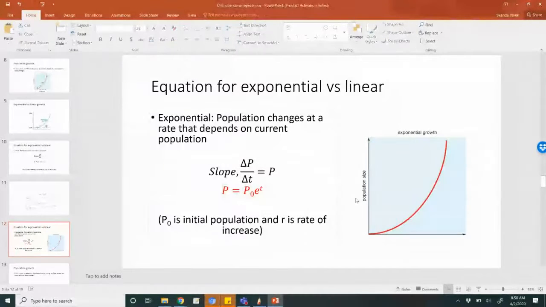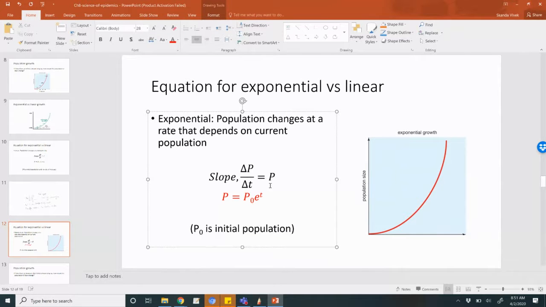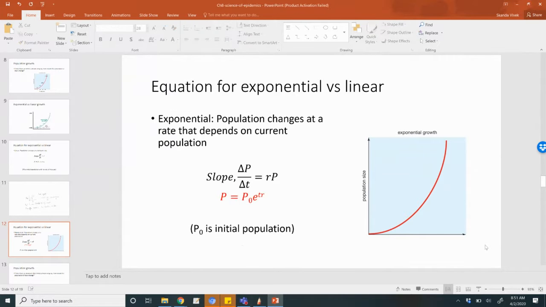I was just going to come to that. So if you have delta P over delta T as P, then this is your exponential formula. In general, there's another rate factor that goes here, and that just goes in the numerator. Does that make sense?